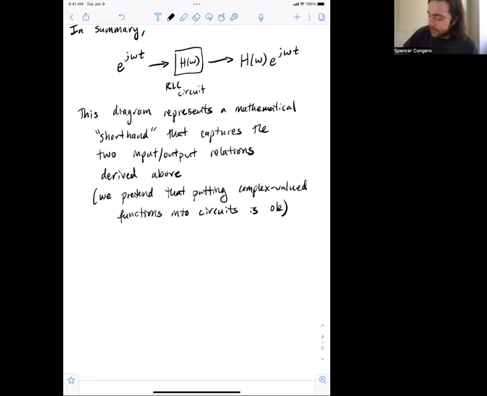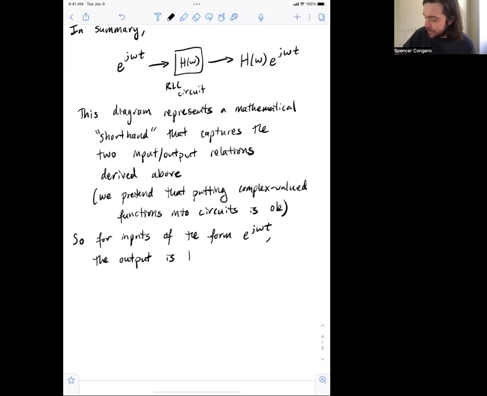Okay, and so let me also make a note of what's actually happening here. For inputs of the form e to the j omega t, these are really special functions. They're complex exponential functions. For inputs of this form, the output is really simple.